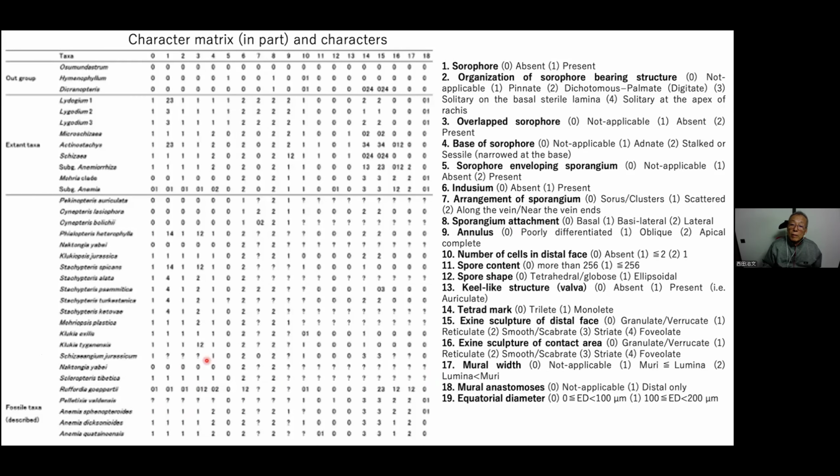And at the final part of this talk, I will show you the preliminary phylogenetic analysis result. And we used 19 different characters based mainly on the sorophore or fertile part structures, anatomies, and sporangium anatomy, and also spore morphologies.